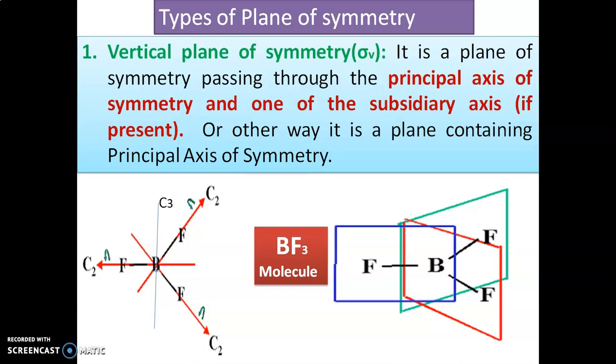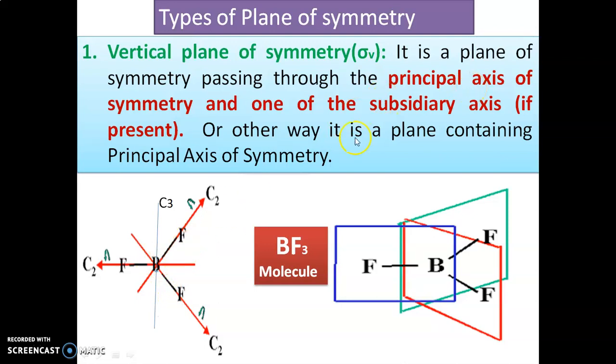Types of plane of symmetry. Number 1, the vertical plane of symmetry, sigma v. It is a plane of symmetry passing through the principal axis of symmetry and one of the subsidiary axes if present, or in other words, the plane containing the principal axis of symmetry. For example, in the BF3 molecule, C3 is the principal axis and boron is at the center, with 3 fluorine atoms attached to the boron in particular directions.